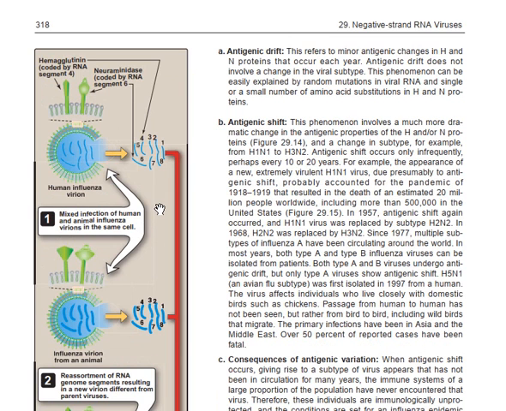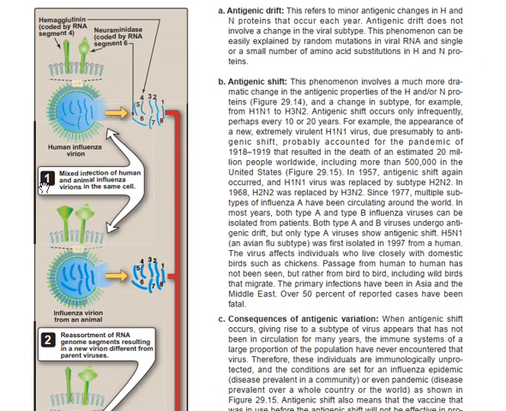Now, what happens is that you have a mixed infection of human and animal influenza virion in the same cell. So let's say a human cell is infected by the animal influenza and by the human influenza. Is it clear?